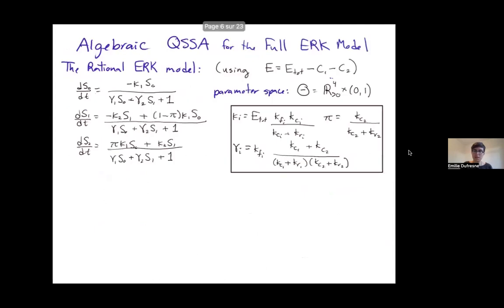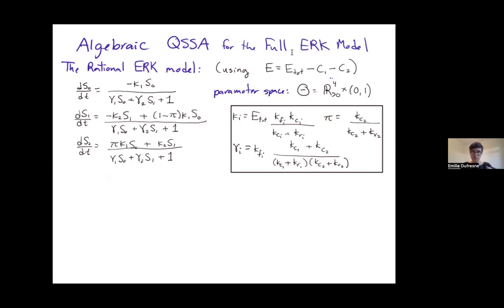So let's see what we get with our full ERC model. If you do the algebraic QSSA for the full ERC model, you first do an exact reduction using one of the conserved quantities.